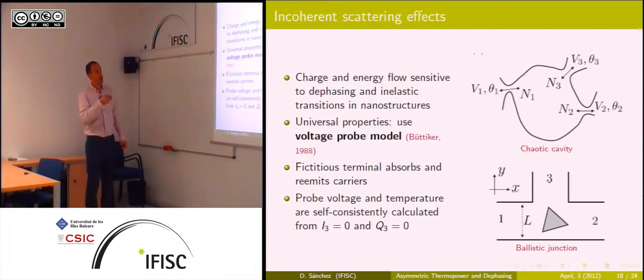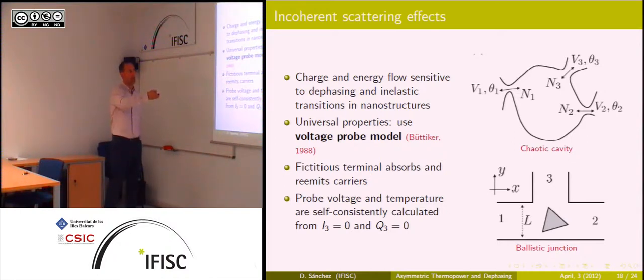We want to model these incoherent effects. How do we do this? Well, independently of whether we have this system, which is a chaotic cavity, or this system, which is a ballistic junction, very similar to the experiment, it doesn't matter. We need a microscopic description of why the electrons suffer from dephasing or inelastic processes.